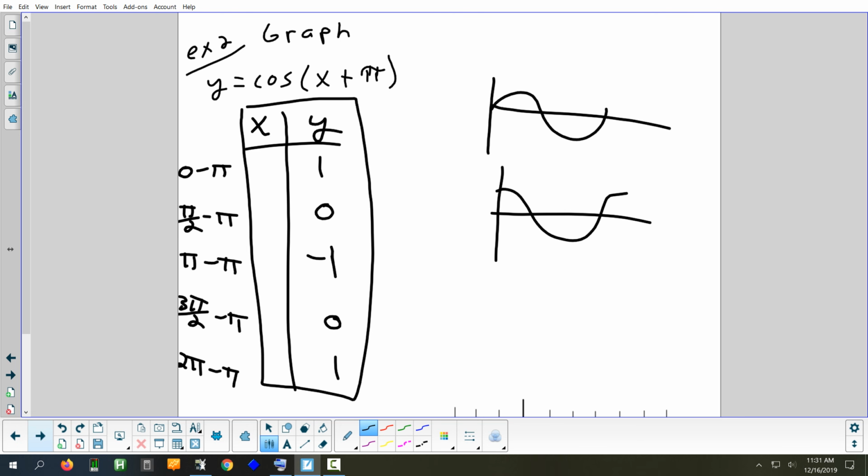Now, 3 of those are pretty quick because they already have common denominators. Negative pi, 0, pi. And if you want to be clever about it, the other ones are just halfway between because they're all equally spaced. But if you didn't notice that, pi over 2 minus pi over 1.